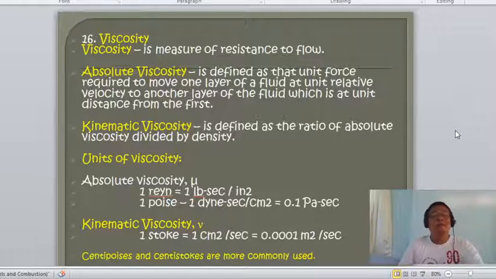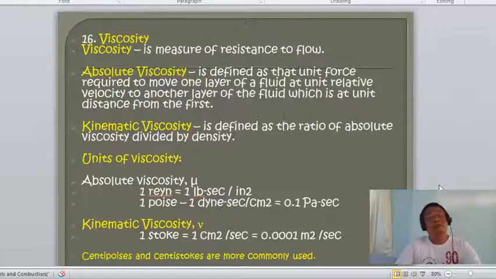Meaning, as the oil flows inside a pipe, the oil flowing at the surface of the pipe is slower as compared to the part of the oil flowing at the center of the pipe.